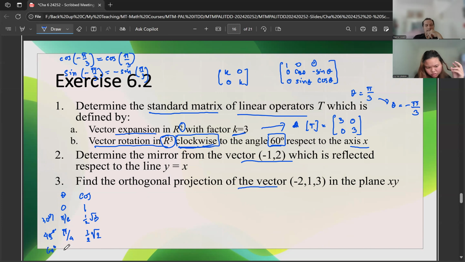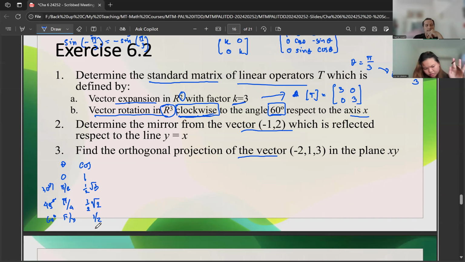For 60 degrees, pi over 3, it will be a half. And for 90 degrees, pi over 2, it will be 0. This is for cosine. For sine it will be the opposite: 0, a half, half the square root of 2, half the square root of 3, and 1.